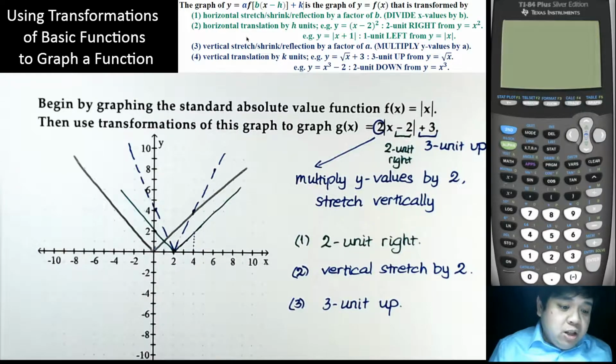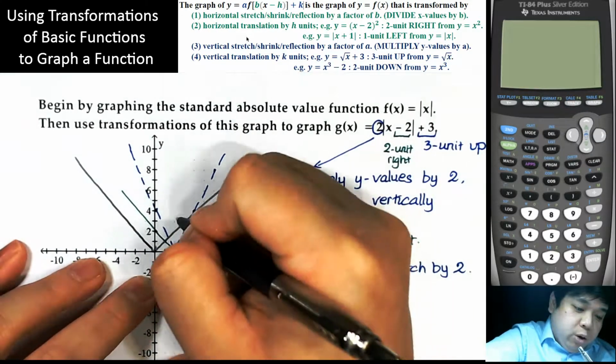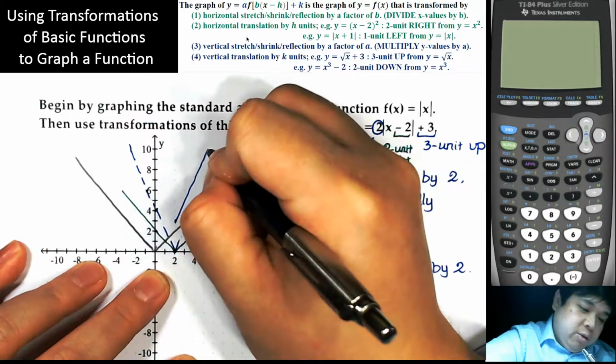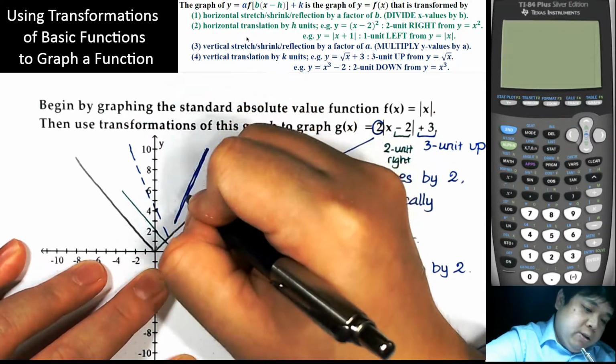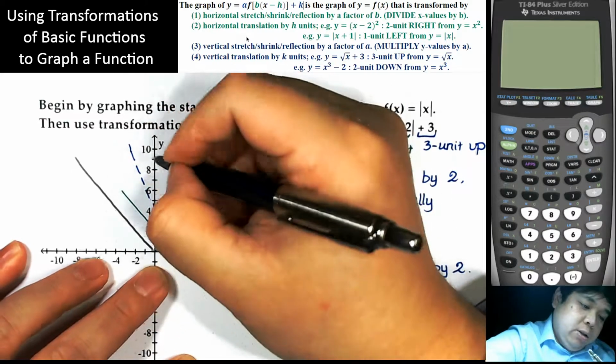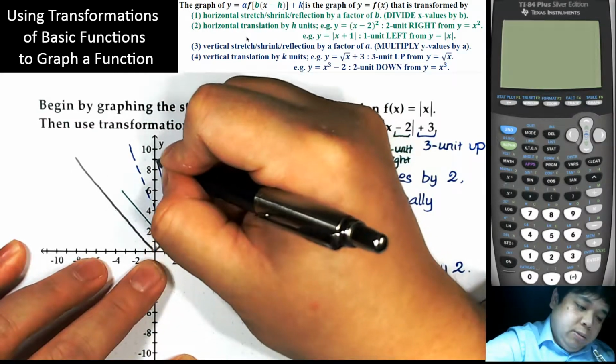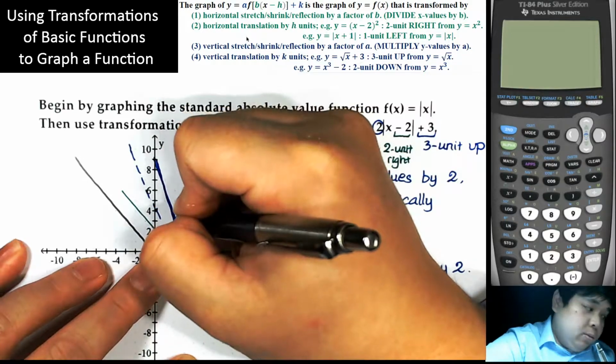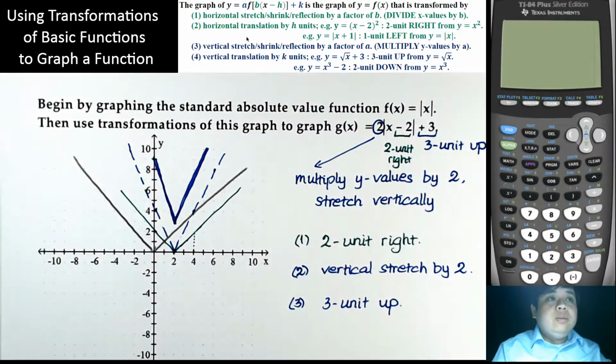And then we just move this up 3 units. This point goes up 3 units. So we have this graph. Right. And we'll confirm with the calculator.